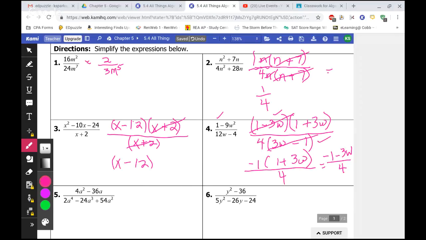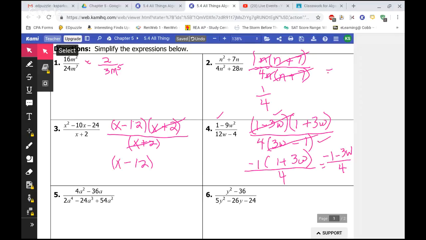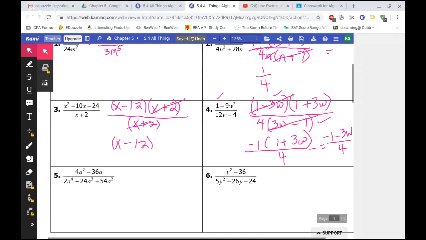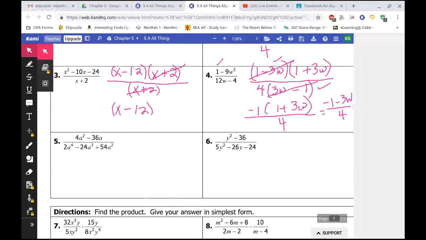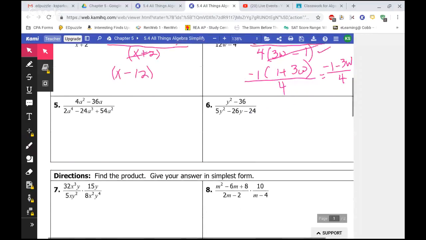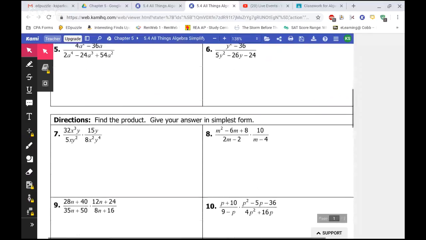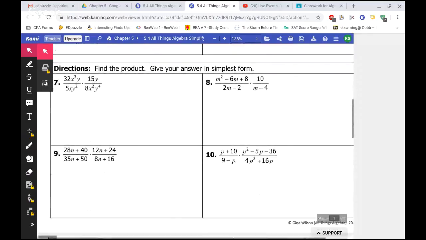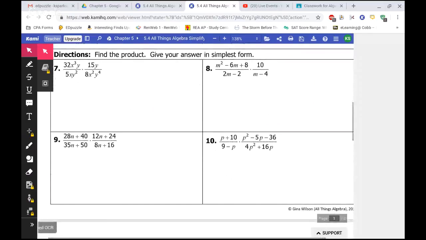I'm going to leave you guys to 5 and 6. Just noting that on the top, remember to factor out and simplify the top and the bottom, but 5 and 6, I'll leave you to do. Now 7, I'm going to work on 7 and 8 with you.